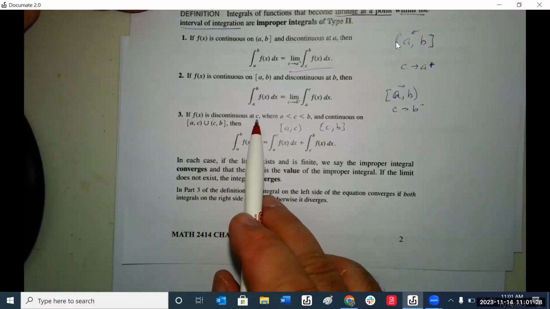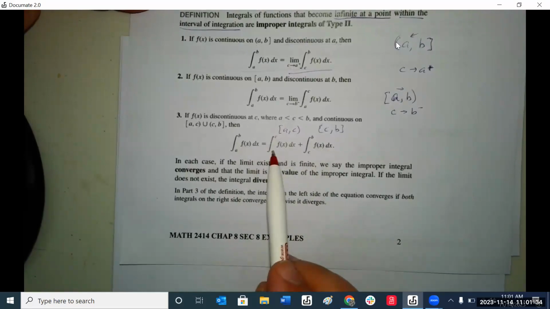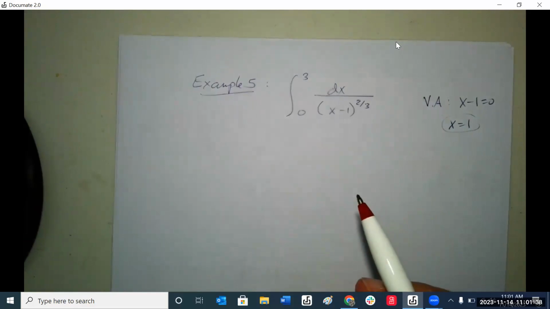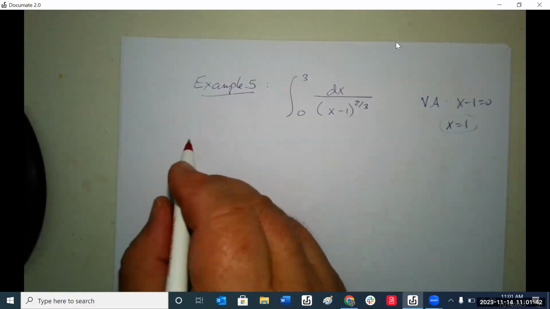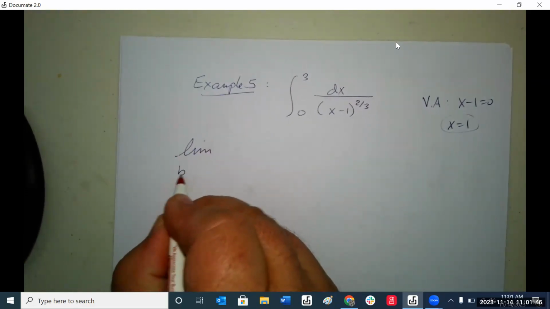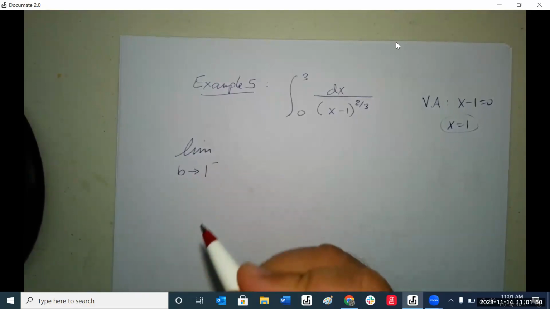So that means f of x is discontinuous at some point C inside our bounds. So we got to use this one. We go from 0 to 1, 1 to 3, because that's our asymptote. So we're looking at the limit as our value b goes to 1 from the left.